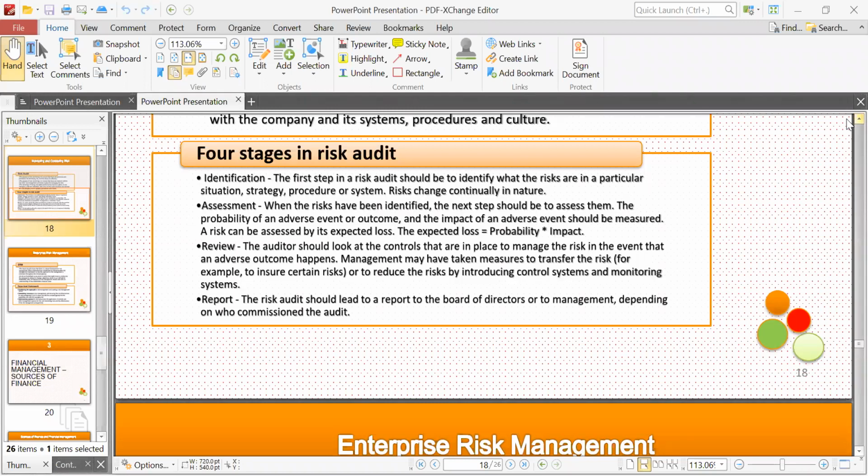What is enterprise risk management, please? Oh, please, it doesn't have to be correct.